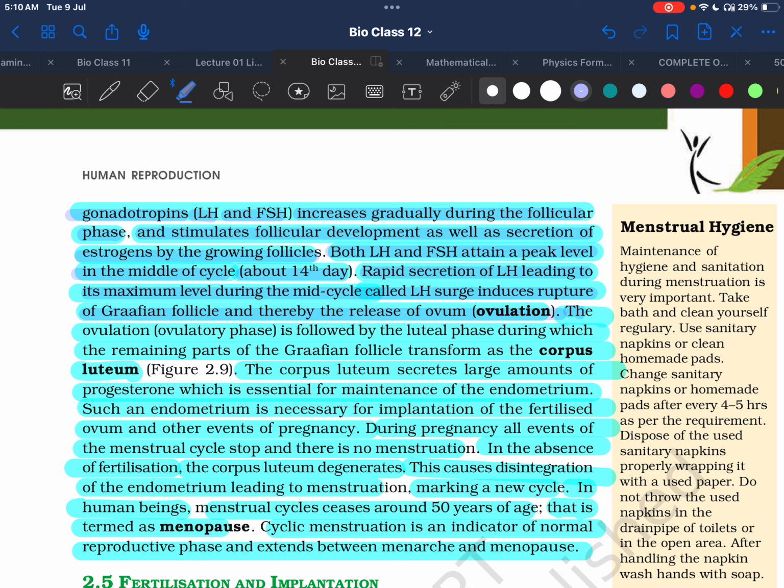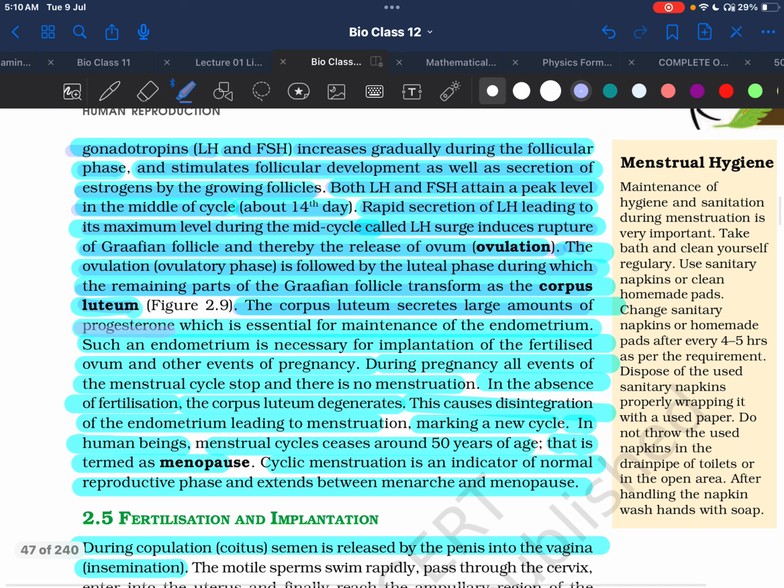Ovulation. The ovulatory phase is followed by luteal phase during which the remaining parts of the Graafian follicle transform as the corpus luteum. The corpus luteum secretes large amounts of progesterone, which is essential for maintenance of endometrium.